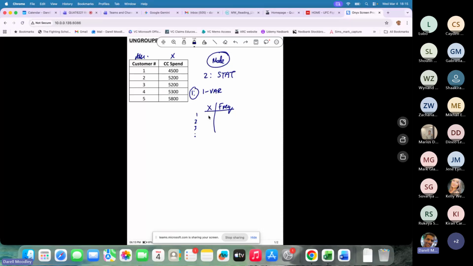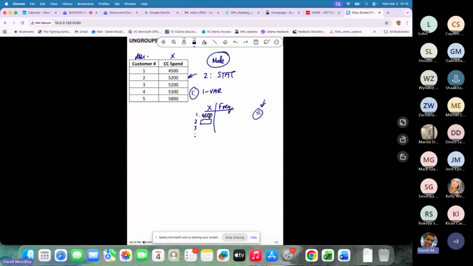For customer 1, we're going to enter 4,500, and then press equals. That's like the enter key on your computer. So you capture 4,500 and hit equals, and you immediately see the cursor move to the next block, row 2. That means you're ready to capture your next data point, which is 5,200.